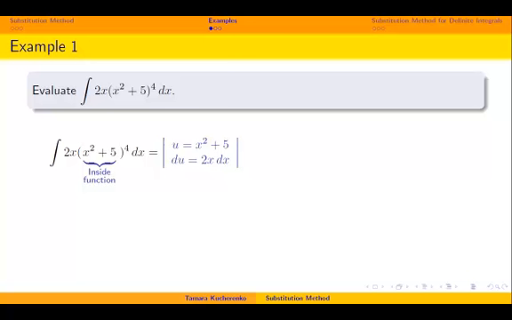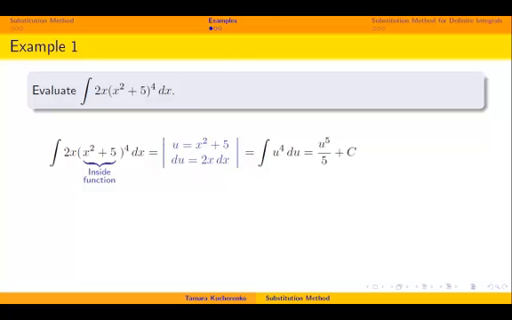We make the substitution and obtain the integral of u to the fourth du. By the power rule, the general antiderivative of u to the fourth is u to the fifth over 5 plus c.